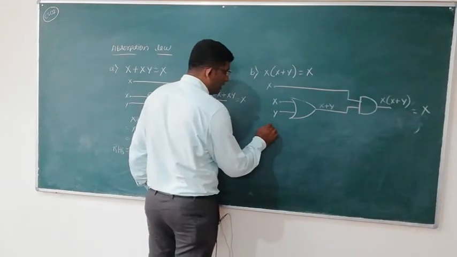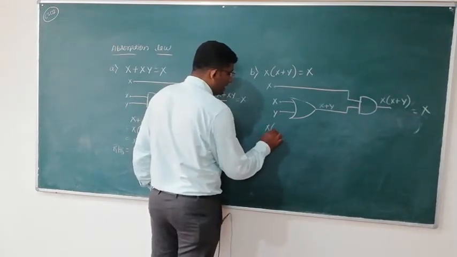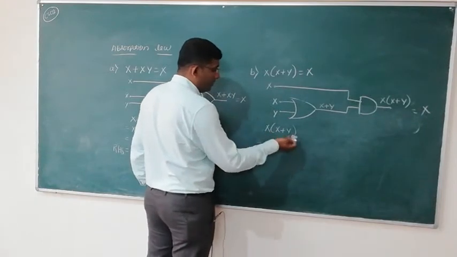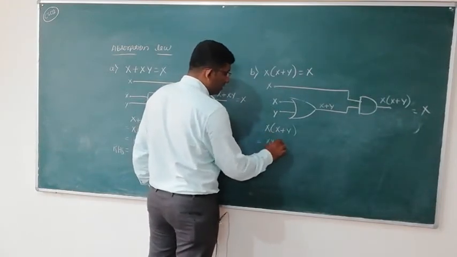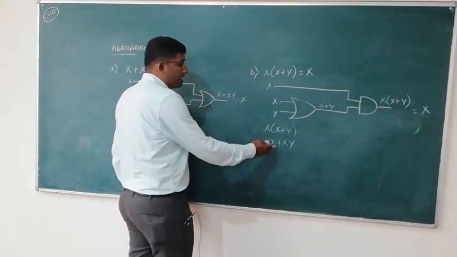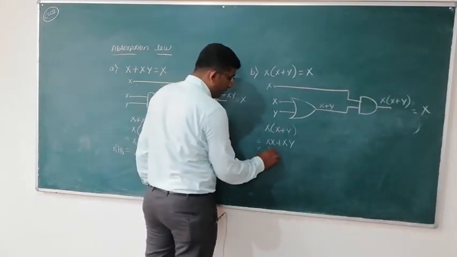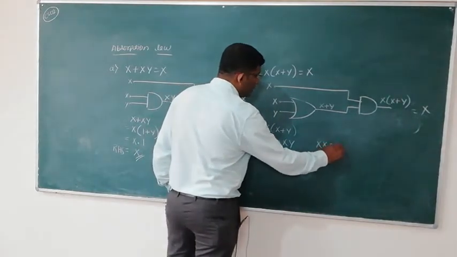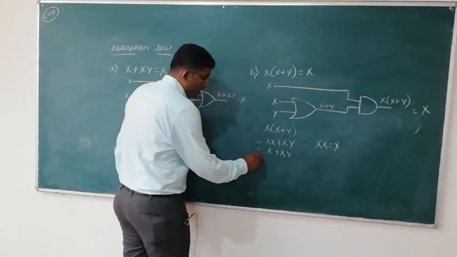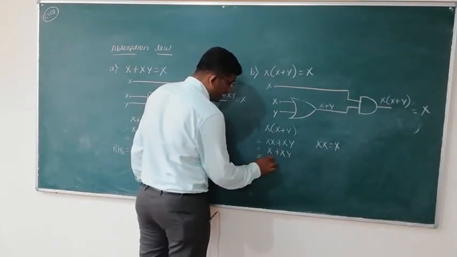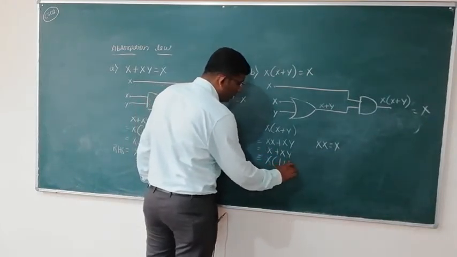Consider the expression, that is left hand side, x into x plus y equals, simplify the expression, that is xx plus xy. As we know, xx can be replaced with x itself. Now take x as common, we are left with 1 plus y.